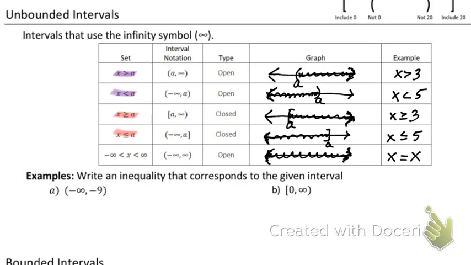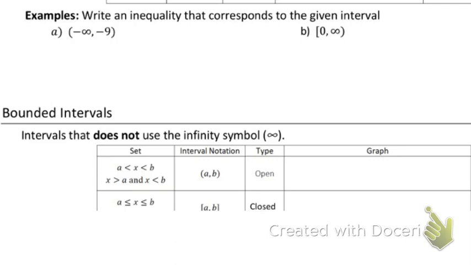All right, down below it says write an inequality that corresponds to the given interval. So you just have to ask yourself, am I looking for really small numbers or am I looking for numbers bigger than a specific number? So if I have negative infinity all the way to negative 9, I'm looking for numbers less than negative 9.